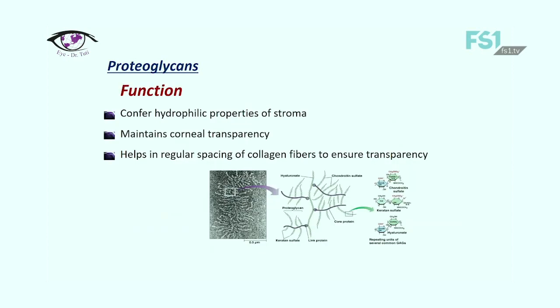The main function of these proteoglycans is that they confer hydrophilic properties on the stroma. They play a very important role in corneal transparency, and they help in regular spacing of collagen fibers in order to ensure transparency. This shows that proteoglycans and collagen fibers have a specific interaction in order to keep this transparency of the cornea.